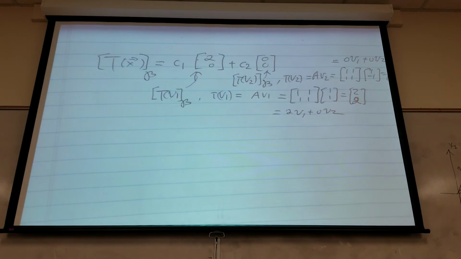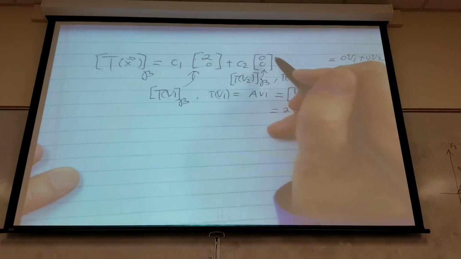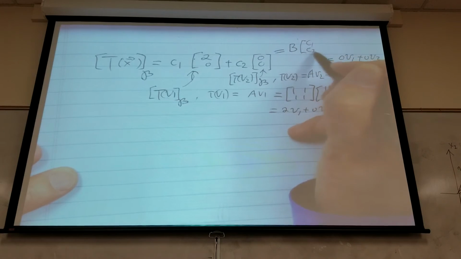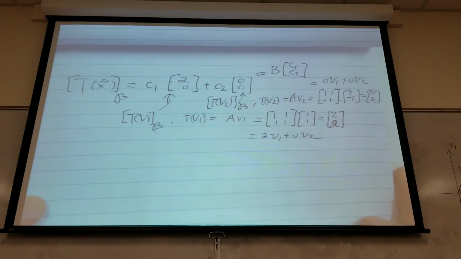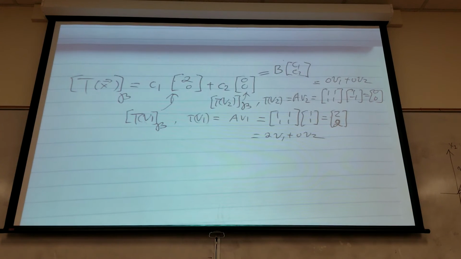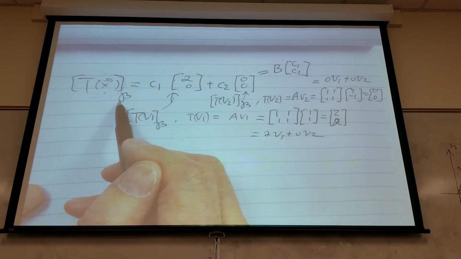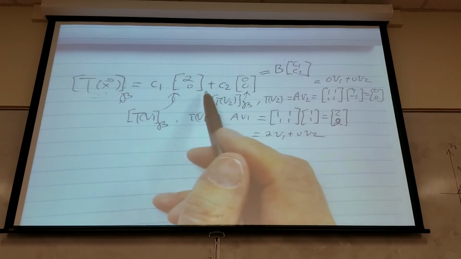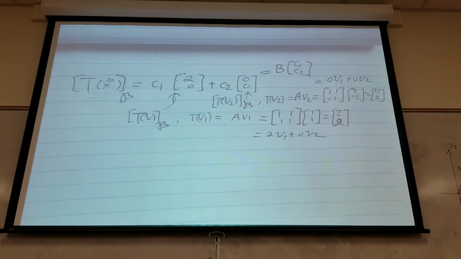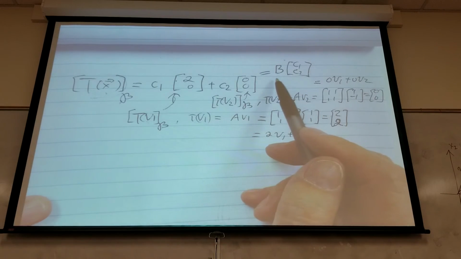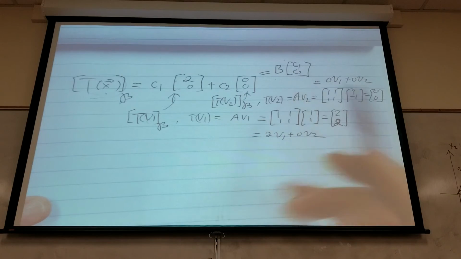Okay? Now, what we have is, I need to write this as a matrix times C1, C2. So that's what we need to do. After you find Tx coordinates, which contains C1, C2, right? Because you start out from x equals C1V1 plus C2V2. We go to the right, so we still have C1, C2. So we are going to write this as B times C1, C2.